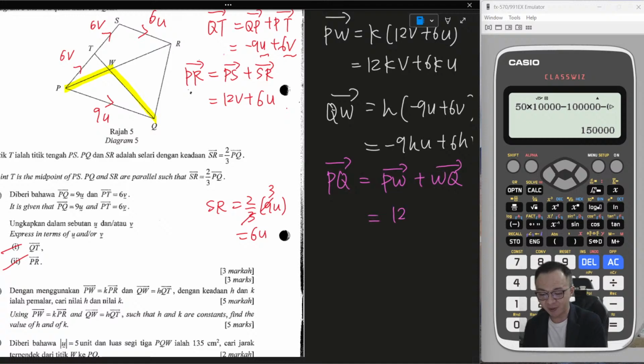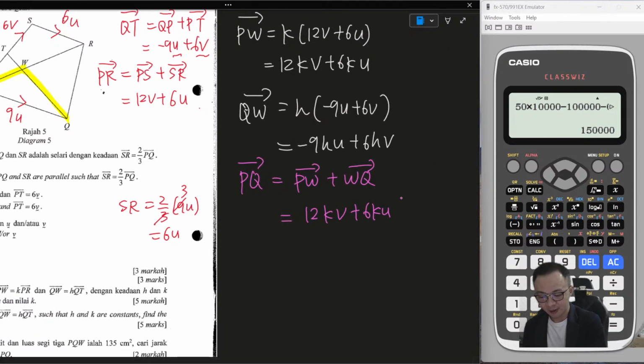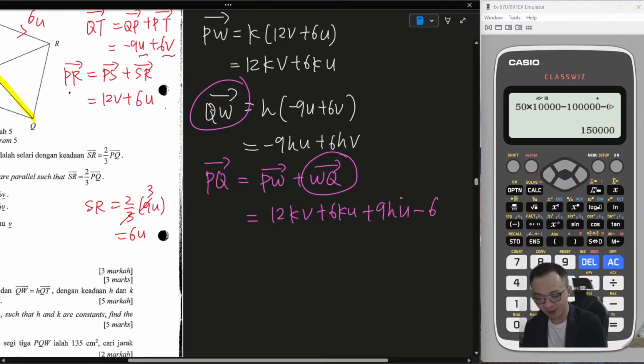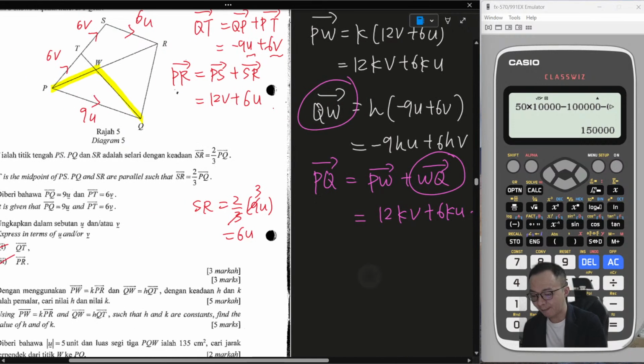PW just copy, 6KU. This one you can see they are in opposite directions, so add the negative, become plus 9HU and minus 6HV. And PQ itself is 9U.